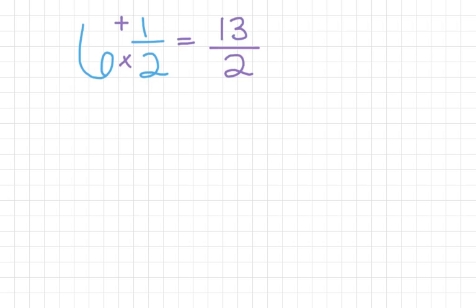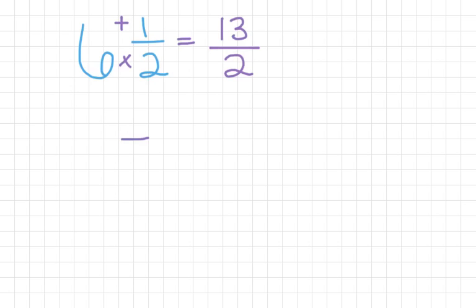So let's start out with a lower one here, 6 1/2. So remember, our process is the denominator 2 times our whole number 6, which is 12, plus the numerator 1, which is 13. So our answer would be 13/2, or 13 halves. Okay?